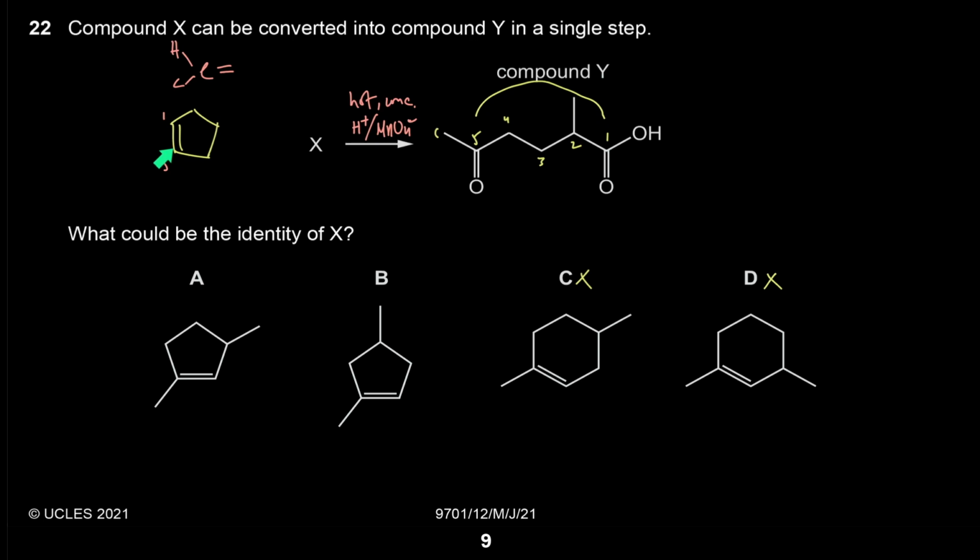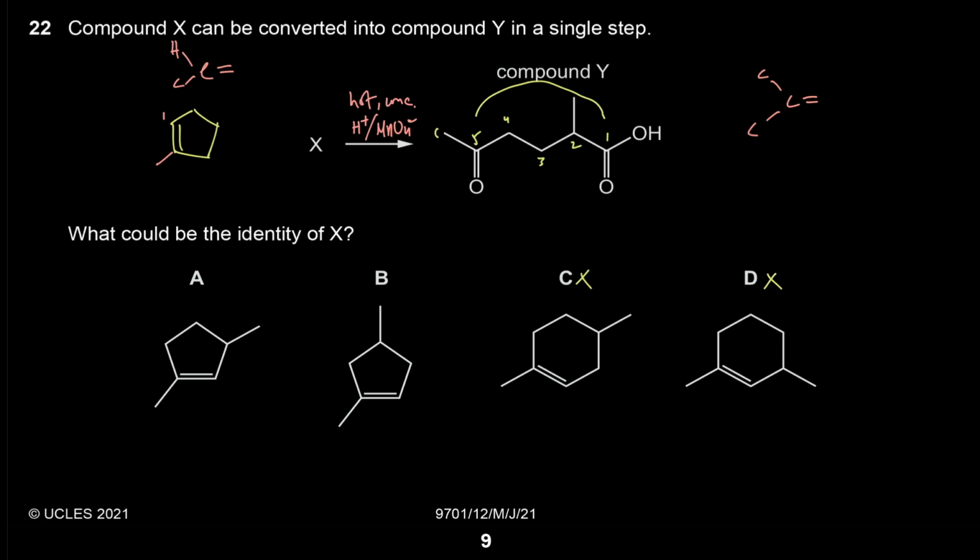So then carbon number 5 must be bonded to, if you're forming a ketone on a carbon-carbon double bond, that means the carbon atom is bonded to 2 carbon atoms, and we can clearly see that here. Carbon number 5 is bonded to a methyl group. So we've seen that so far.